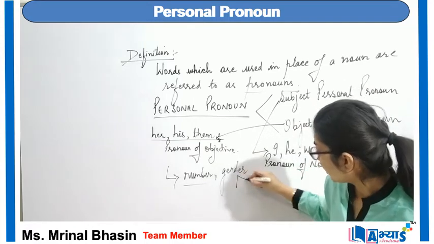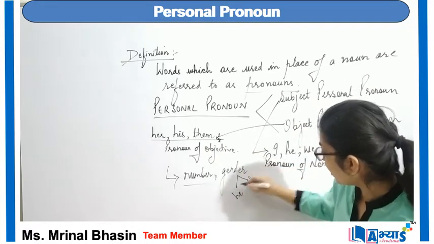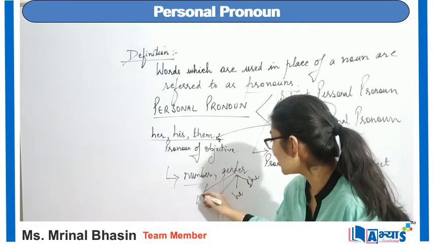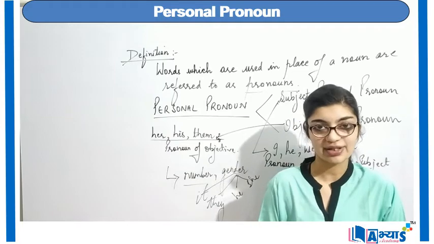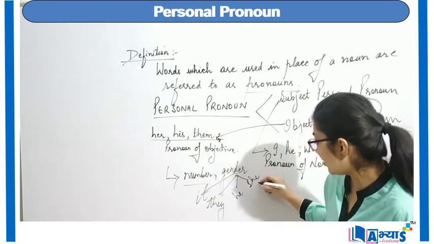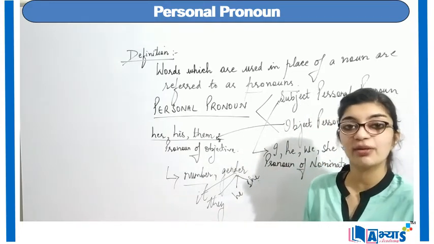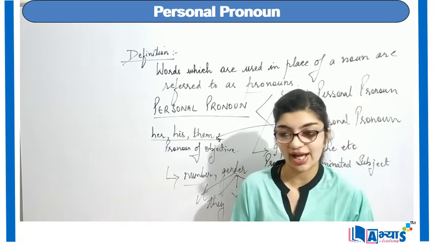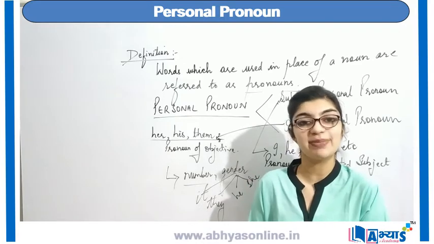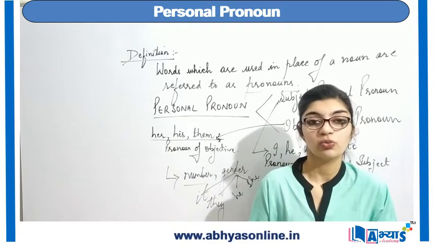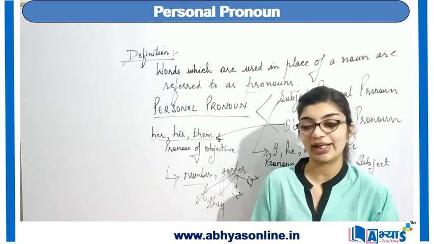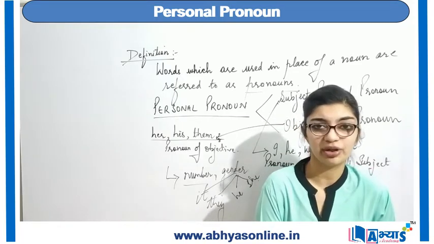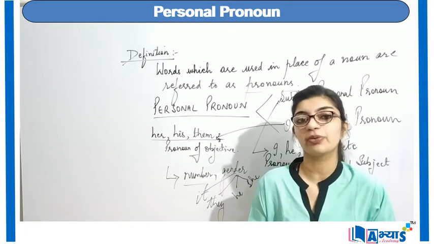It can be he, she, they, or it can be it as well, right? But she means it is a girl, he means a boy. So my point is that when we are replacing a noun with a pronoun, we should always keep in mind the number or the gender of that particular noun.